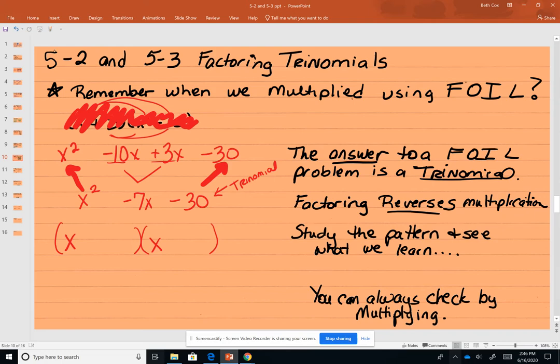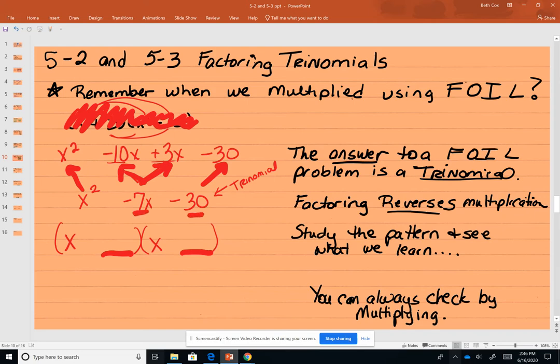This number also came from 3 times 10. Or, well, not 3 times 10, but from 3 and 10. So these 2 numbers are 3 and 10. One of them's positive, one of them's negative, right? So we get these 2 numbers from those.